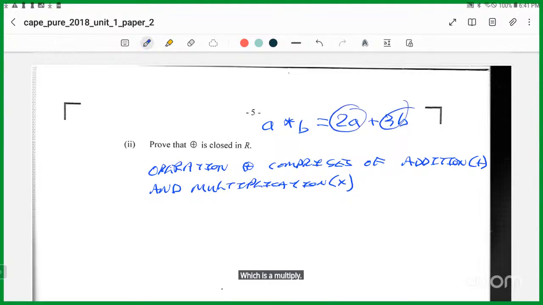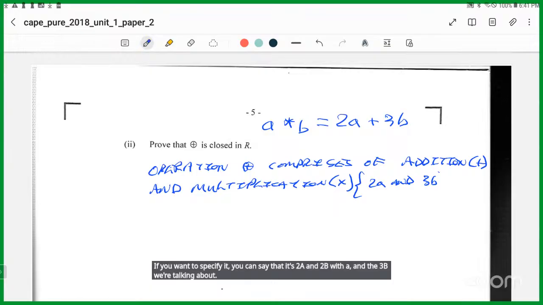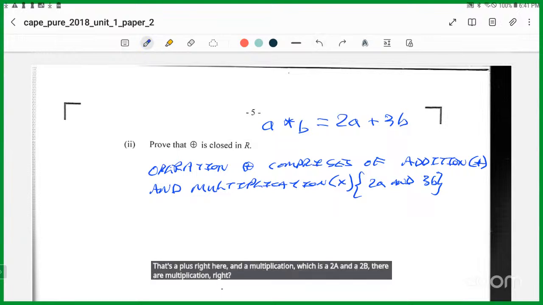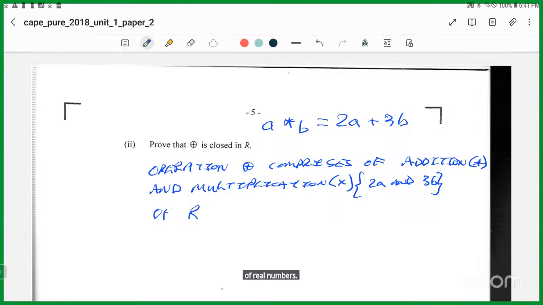If you want to specify it, you can say that's the 2a, the 2b and the 3b we're talking about. Those are multiplications. So it comprises of the addition, that's the plus right here, and the multiplication, which is 2a and 3b, they are multiplications, of real numbers. So operation star comprises of addition and multiplication of real numbers.